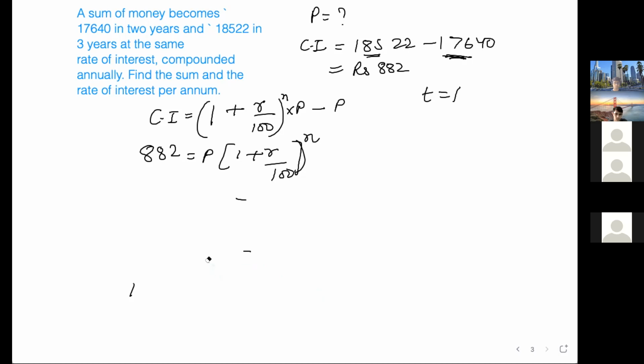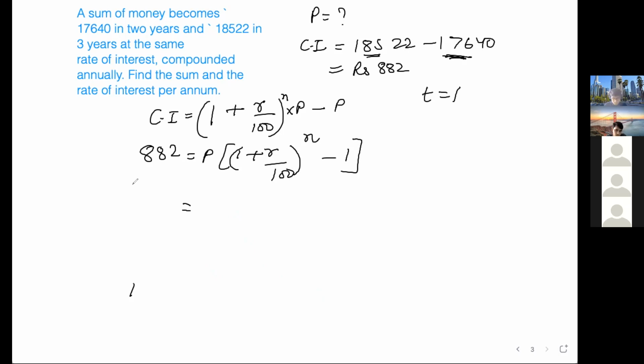That's why we're getting negative. Okay, so यहाँ पे -1. Okay, this is the formula na compound interest ka, amount minus P.